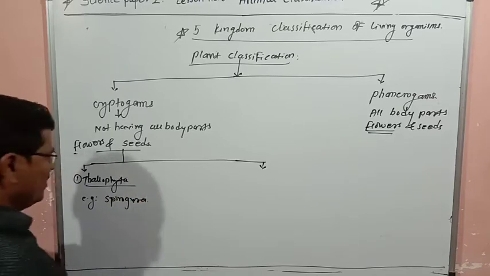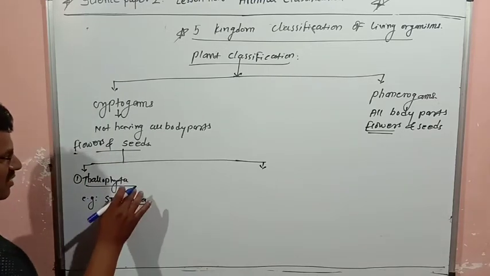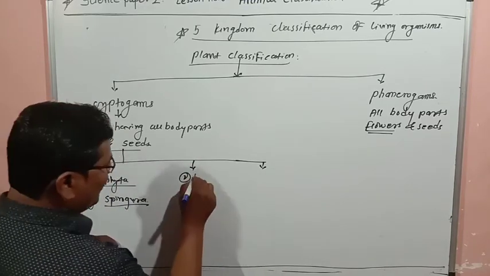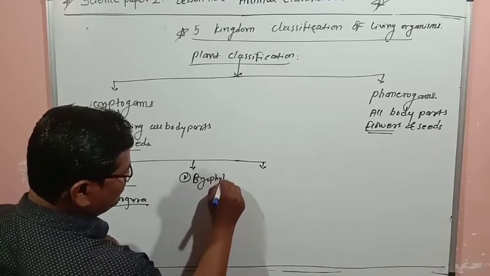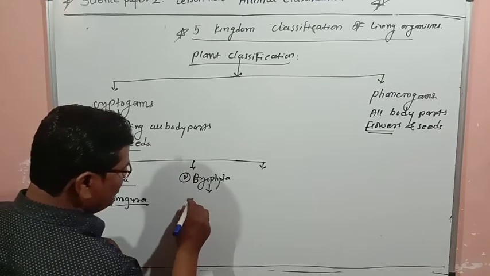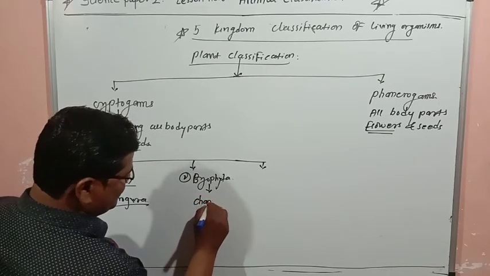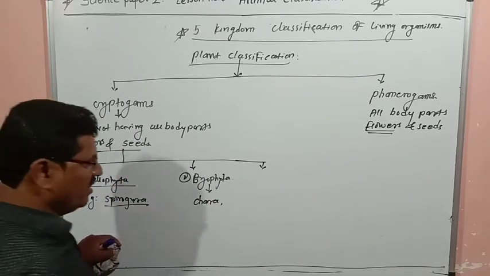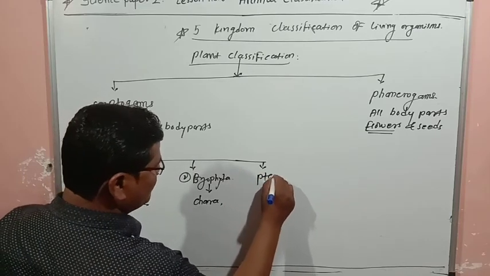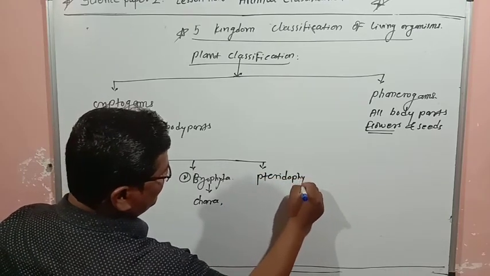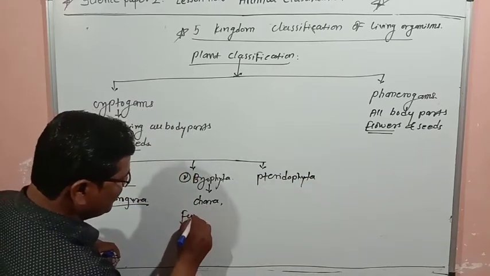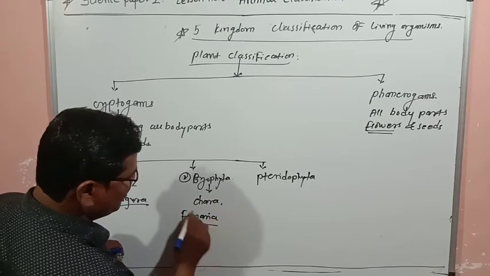The second one is Bryophyta; here you can give the example Chara and Funaria.